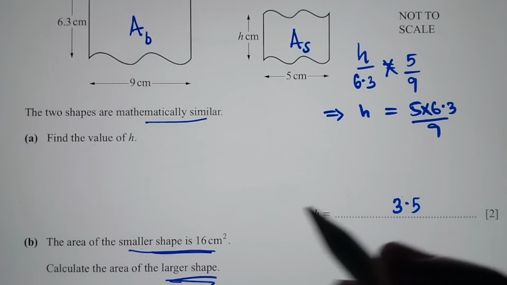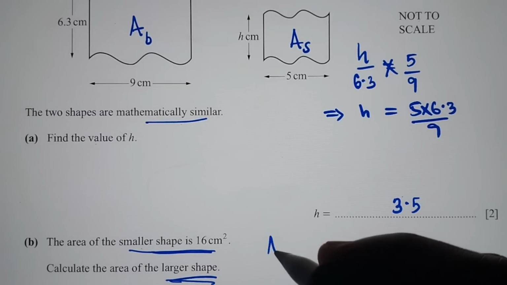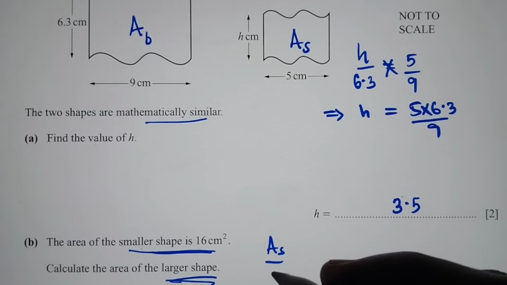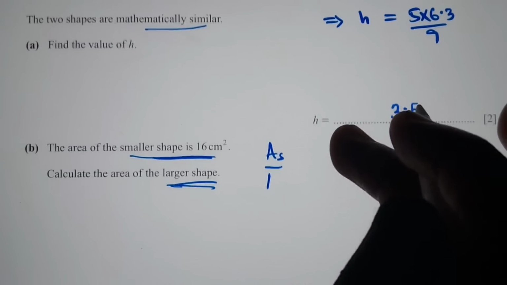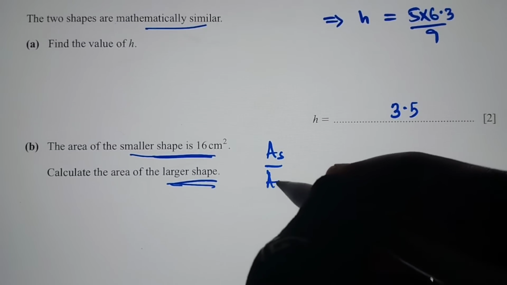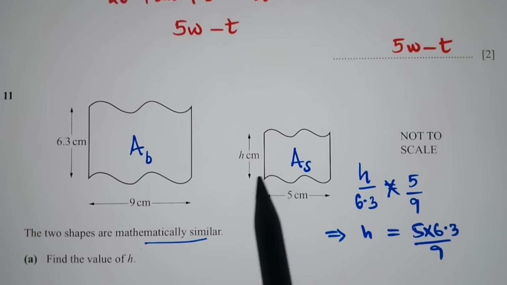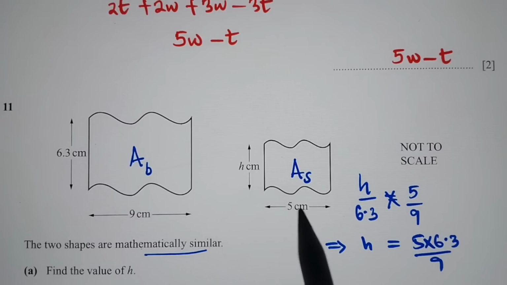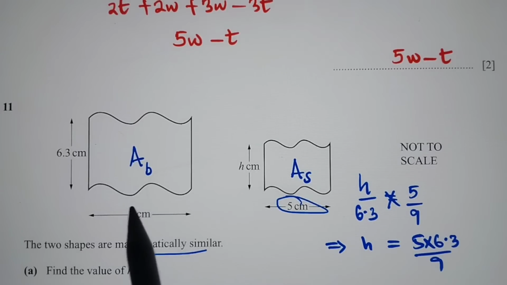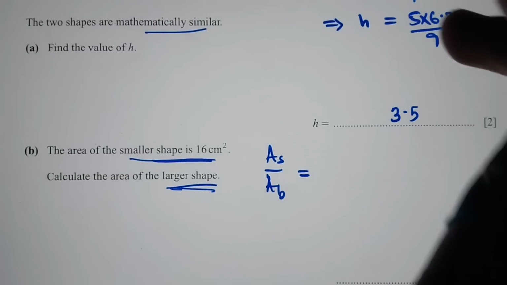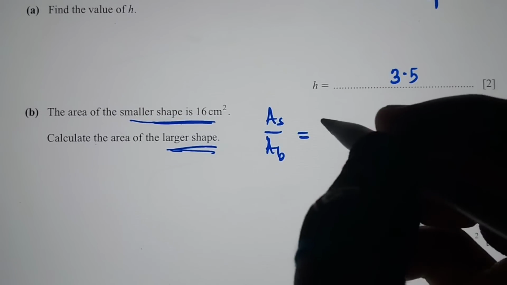The formula is area of the smaller shape over area of the bigger shape is equal to the ratio of any corresponding side. So you can say 5 over 9.